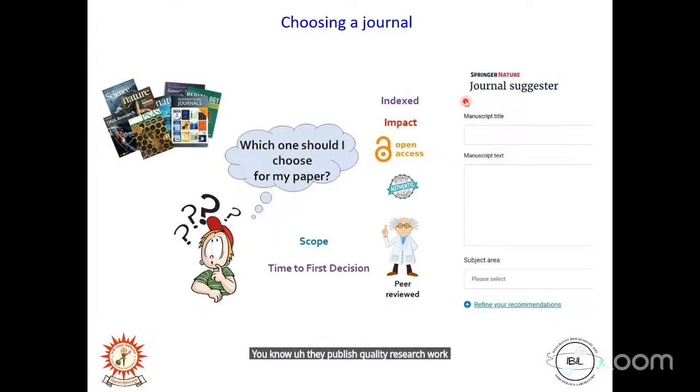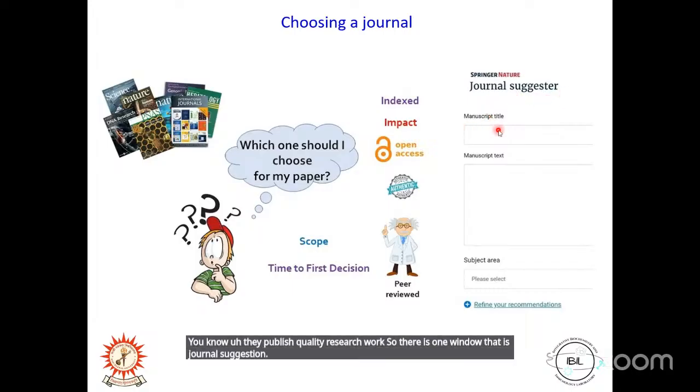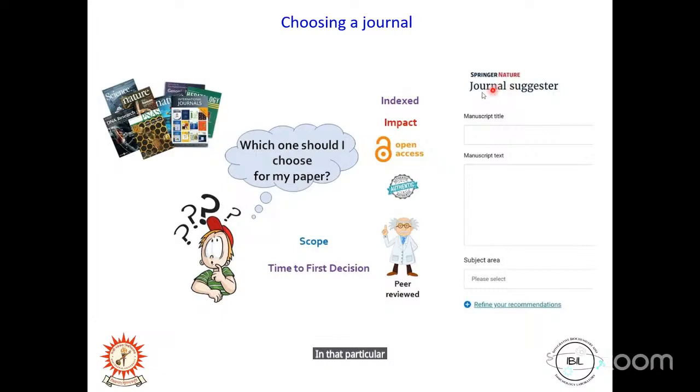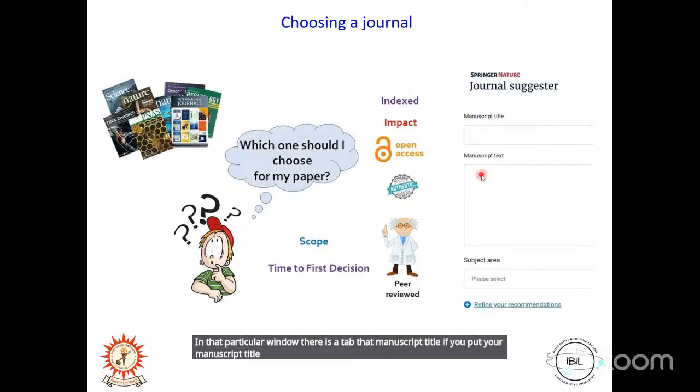So there is one window, that is journal suggestion. In that particular window, there is a tab, manuscript title. If you put your manuscript title or your abstract and subject area, you can get some recommendation.